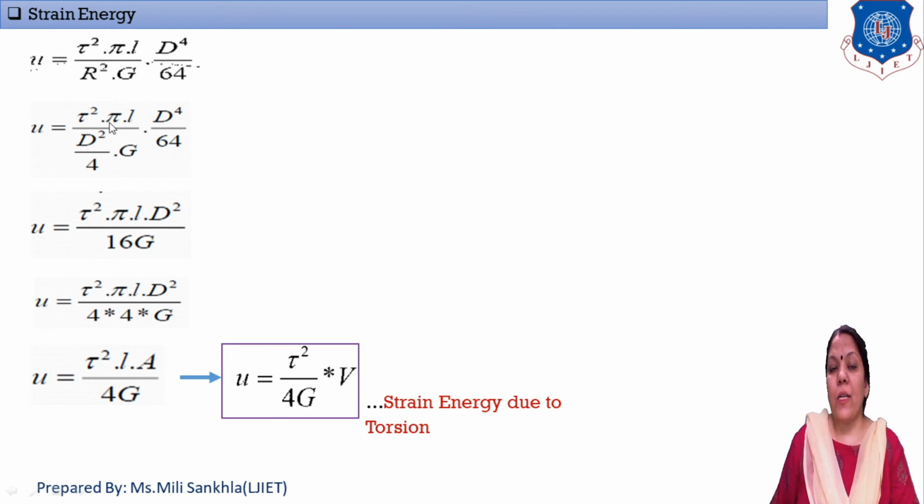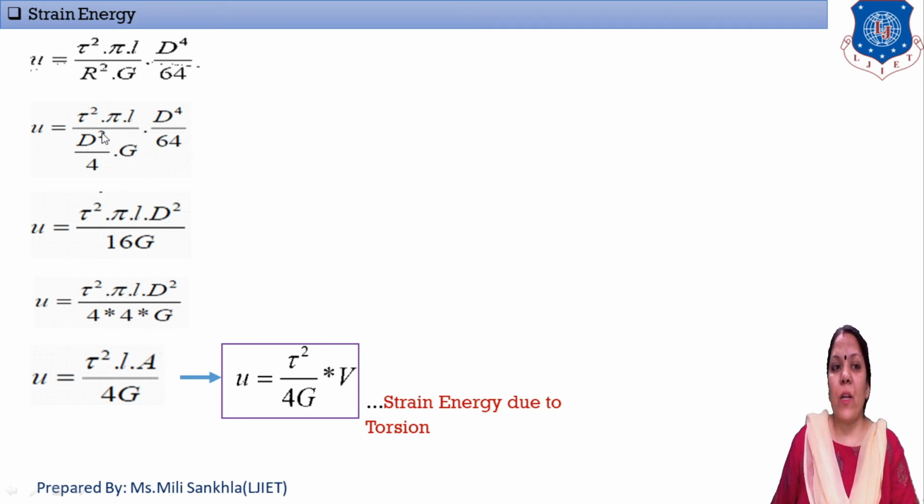Now in τ² π L, if I want to write R in terms of diameter, then D is equal to 2R and R is equal to D by 2. Replace R with D by 2 and square it, D² by 4, into shear modulus, then D⁴ divided by 64.